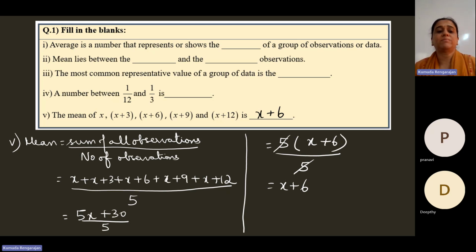Yeah, practice this one. If you don't have a rough notebook, you can just work it behind in your tuition notebook.